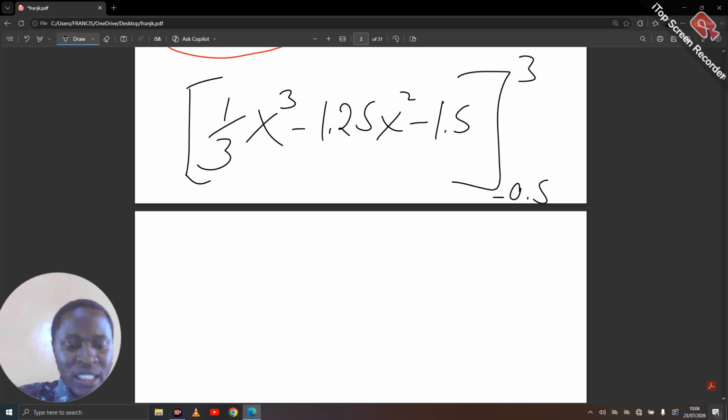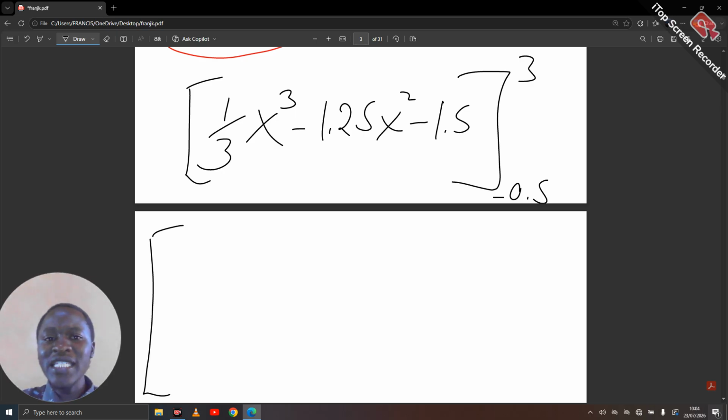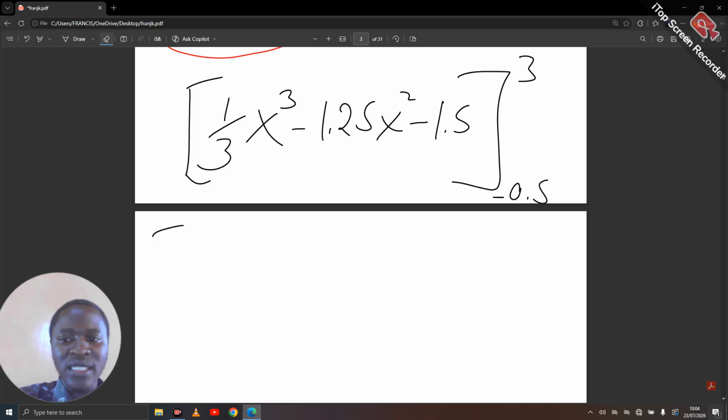Now starting with 3. Remember, whenever you are integrating, you must get a difference. So because of my space, let me write it neatly.